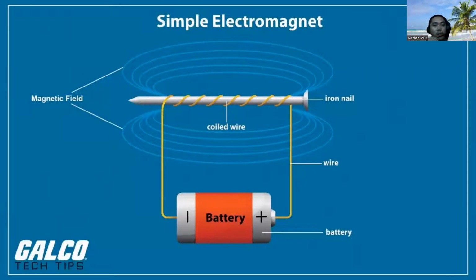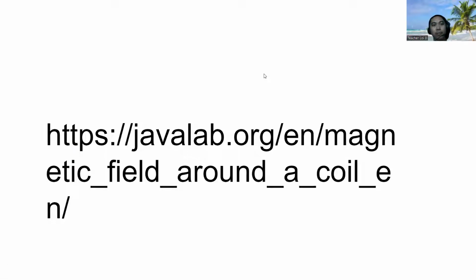Katulad niyan. So meron tayong battery, wire, iron nail, or yung coiled wire. At once na nag-travel na yung electricity dito sa wire, nakaka-create po tayo ng magnetic field. At ito po yung tinatawag natin simple electromagnet.